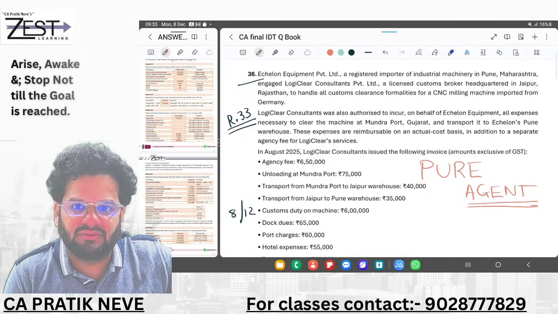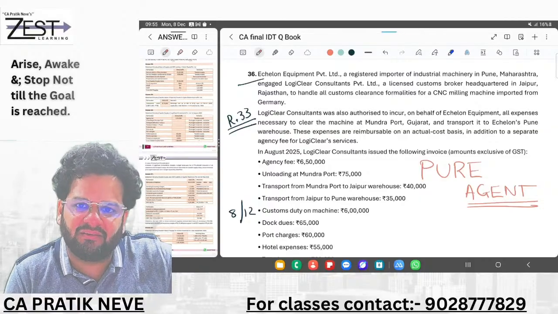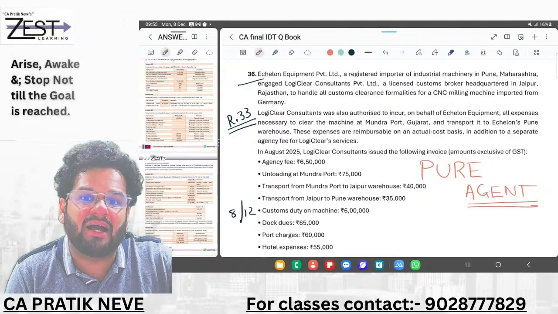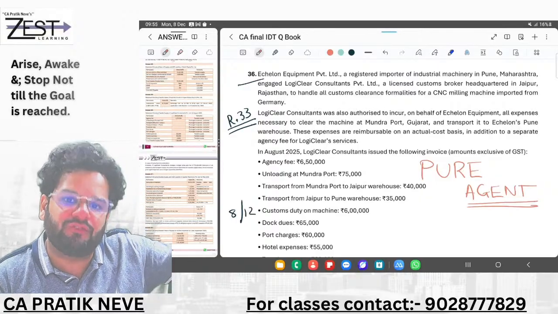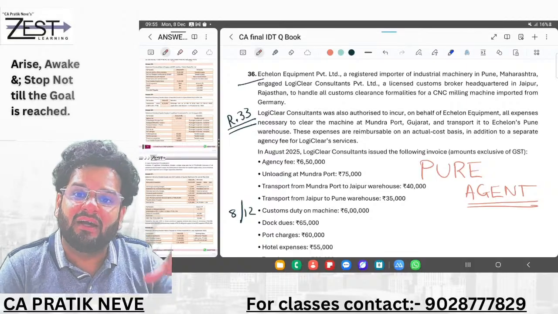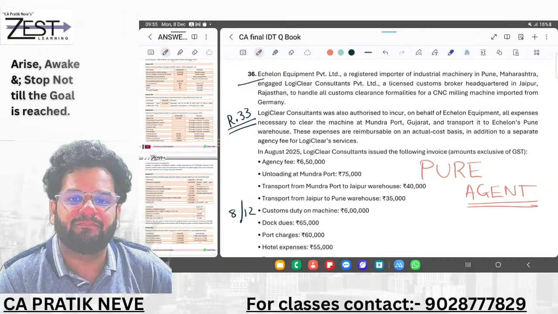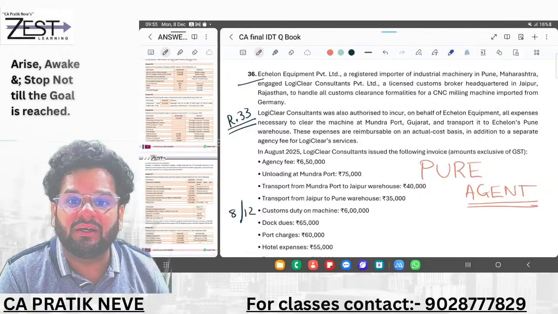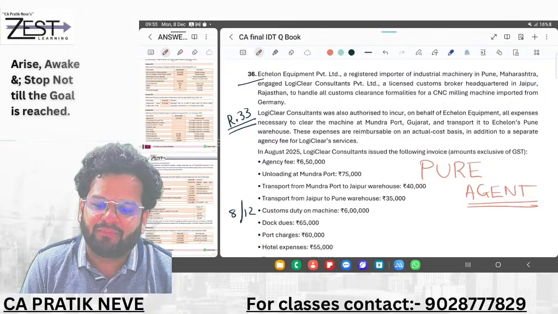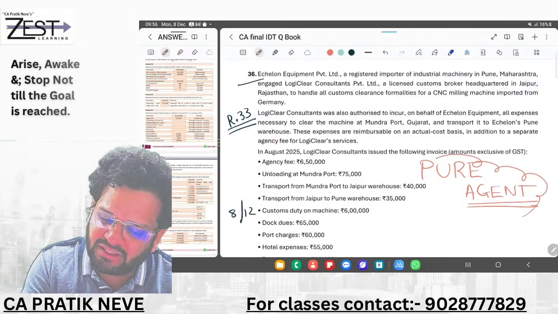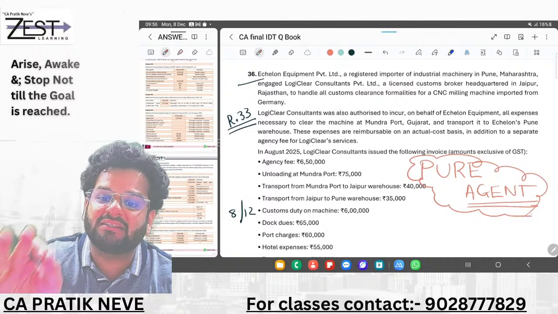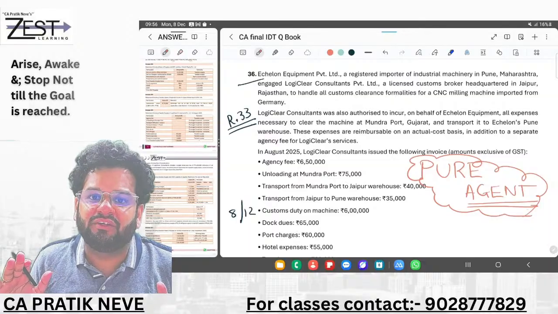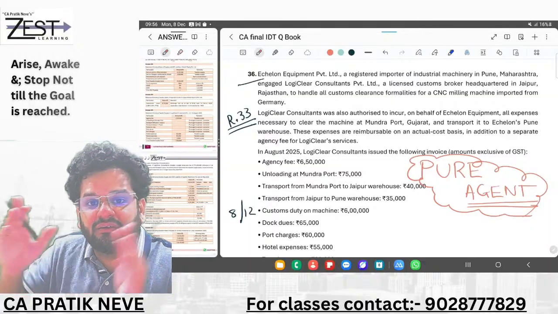After say 2 months, 3 months, when you're back in India, I bill you 5,000 professional fees and 1 lakh advance tax reimbursement. So in this case, assessable value is 5,000 only and not 1 lakh 5,000, because 1 lakh I am recovering from you as a pure agent, as a reimbursement, which I had incurred on your behalf.